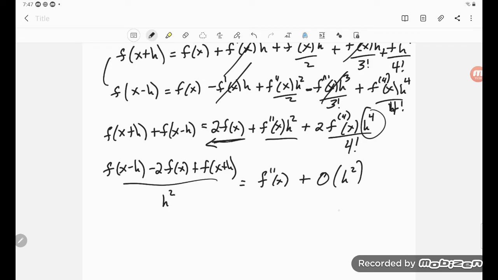So my error term is on the order of h squared.